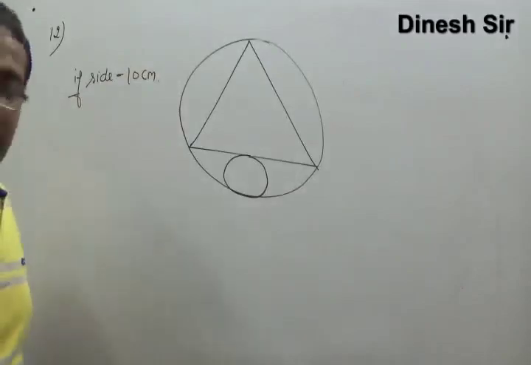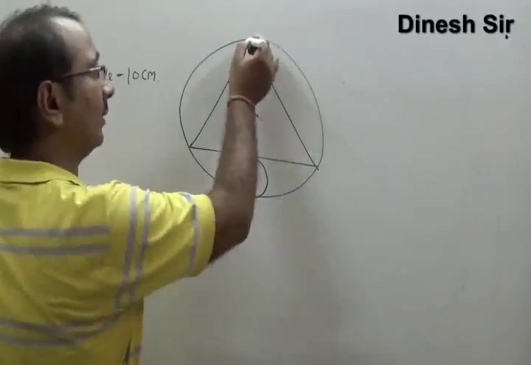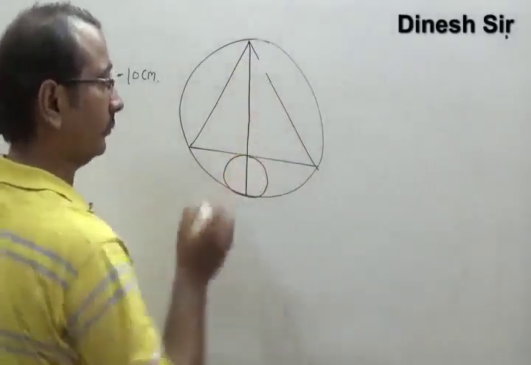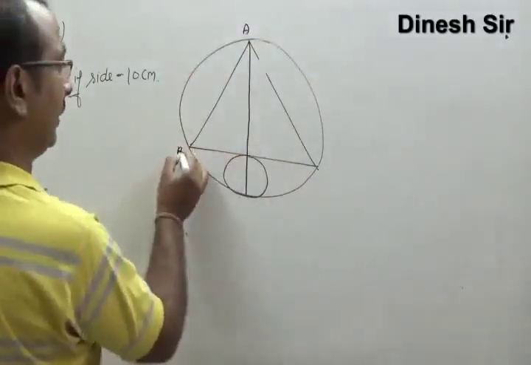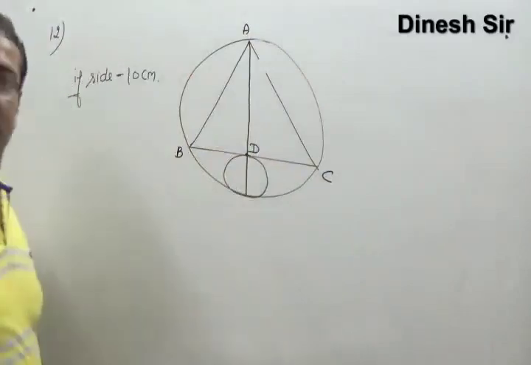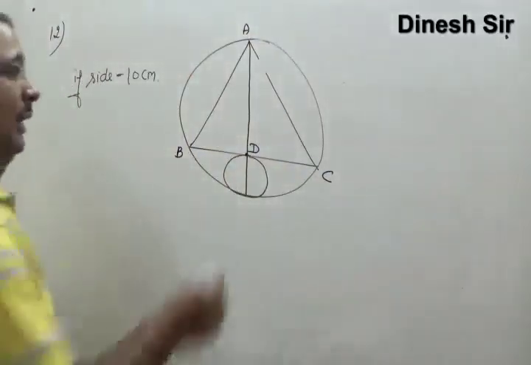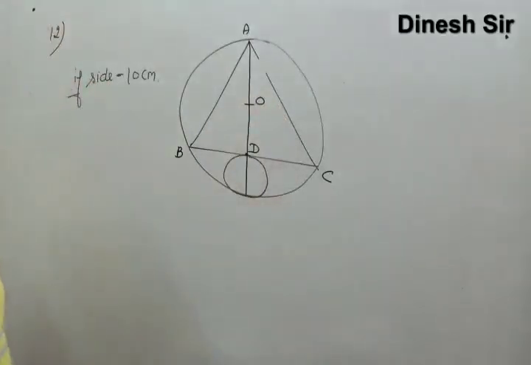Now, if I try to answer this question, what process can I apply? I may take that to be the complete height. Suppose this is A, this is B, this is C. This is D, right? That is D. And this is O, that is the circumcenter of the equilateral triangle.